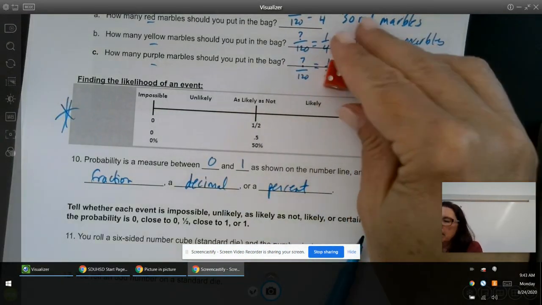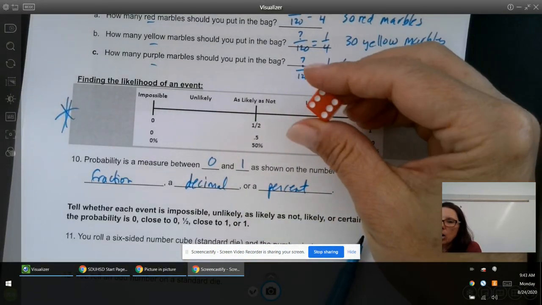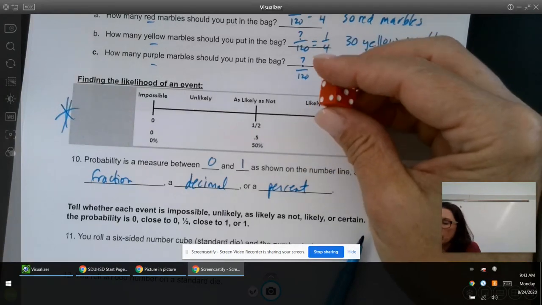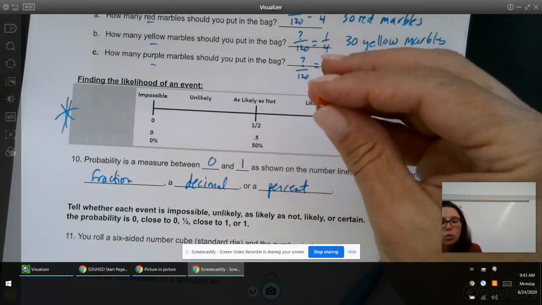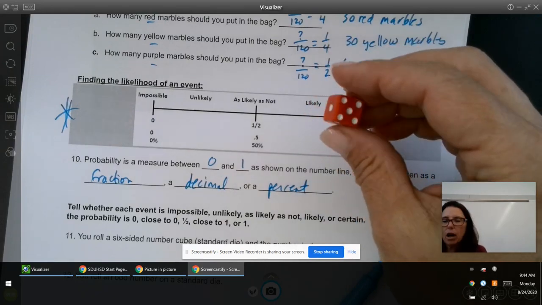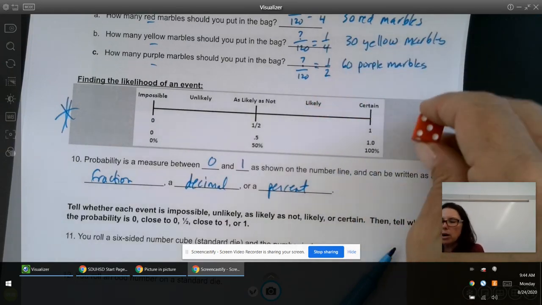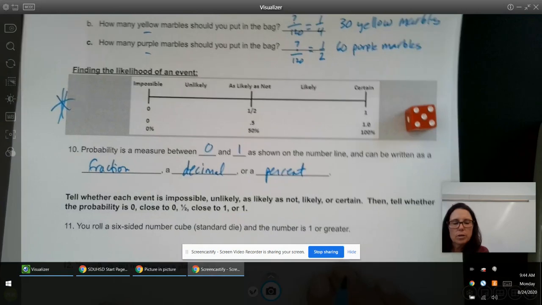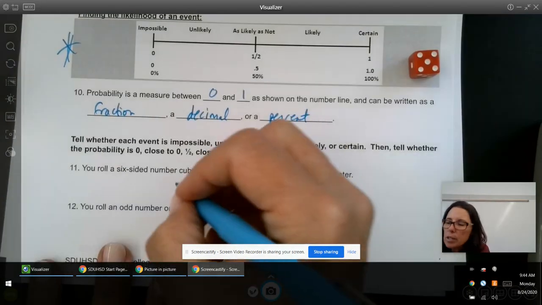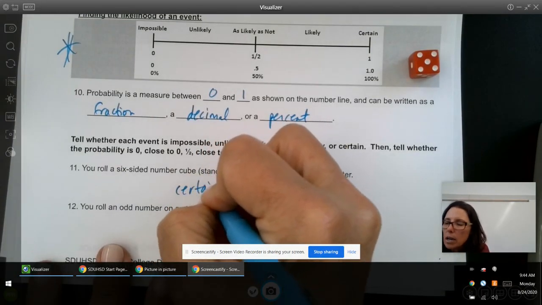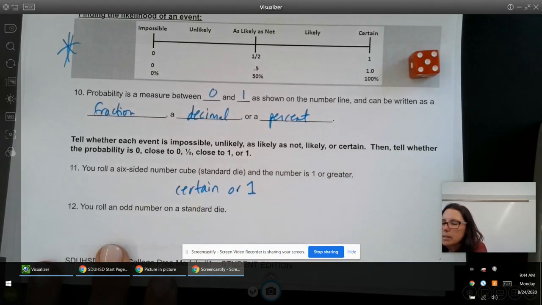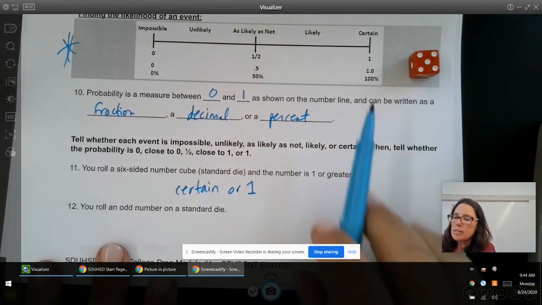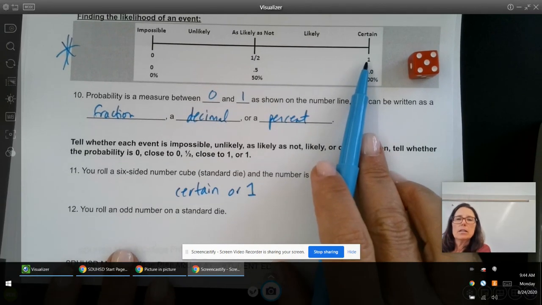How many numbers on this die are 1 or greater? All of them. So this is going to be certain, or 1, or 100%. All of them would be.